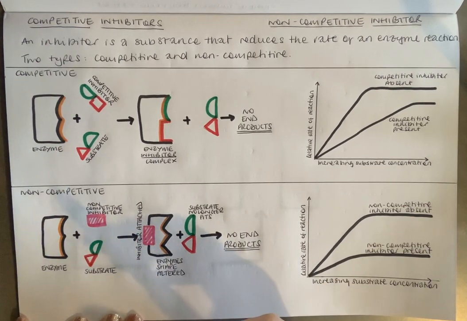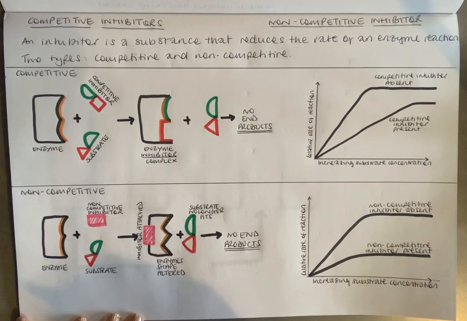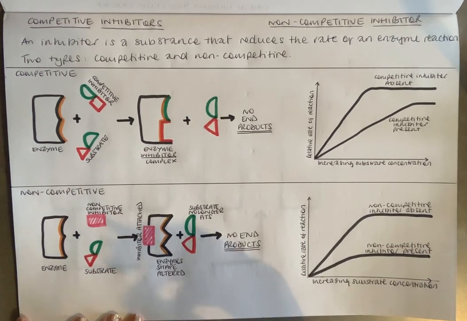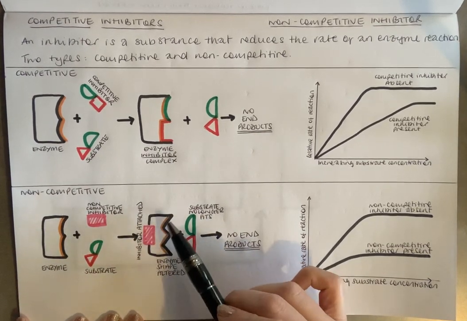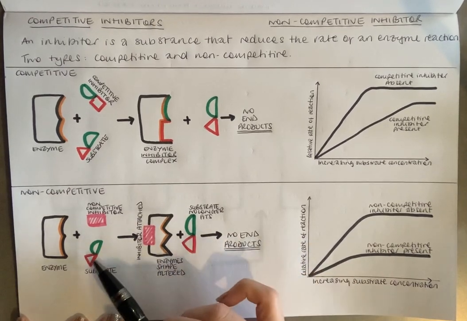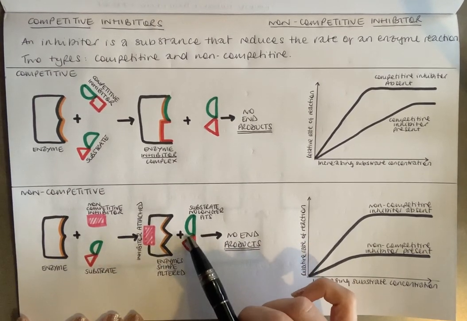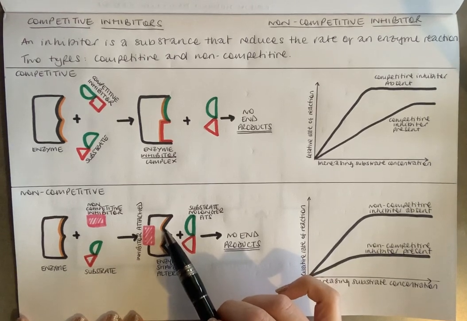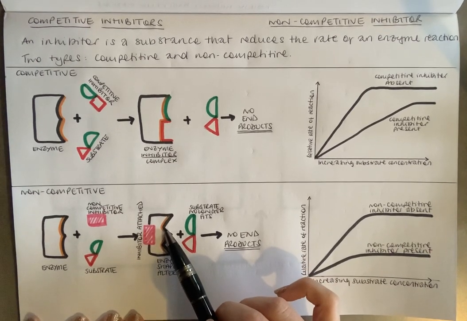So it denatures the natural structure of that active site. And if that is altered, then the substrate can no longer fit, which means you're not going to get any form of reaction.